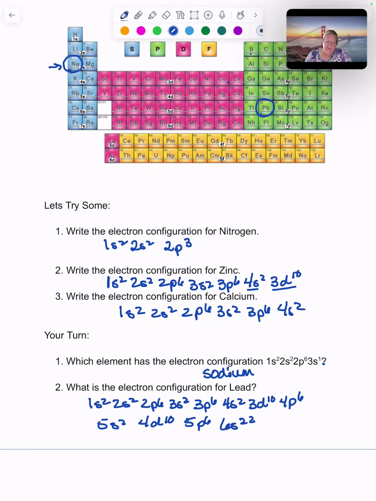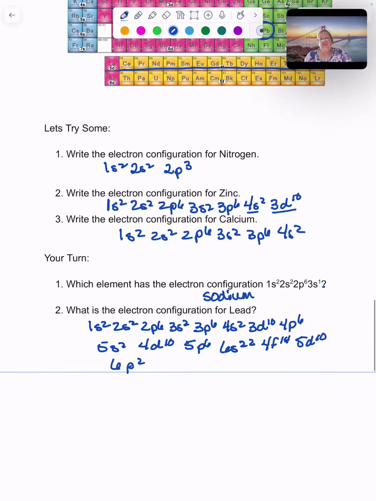Now, this is what's interesting. We've got to get all of these f's in here. So we're going to go 4f14, 5d10, and finally get to that 6p2. That's long. You'll find out in our next video, we've got a shortcut that's going to make this a whole lot easier.